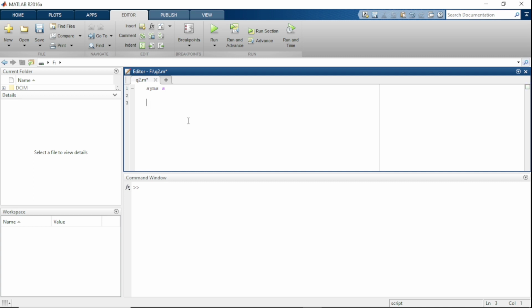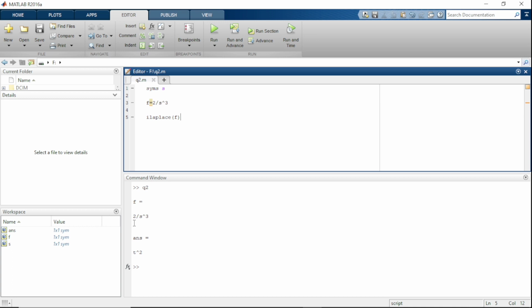Then we have to write f equal to the function. The first function is 2 by s cube. Then we have to write ilaplace, I-L-A-P-L-A-C-E, ilaplace and f. Then just run this program and you will get the answer.